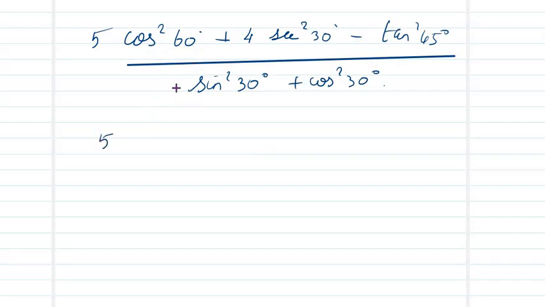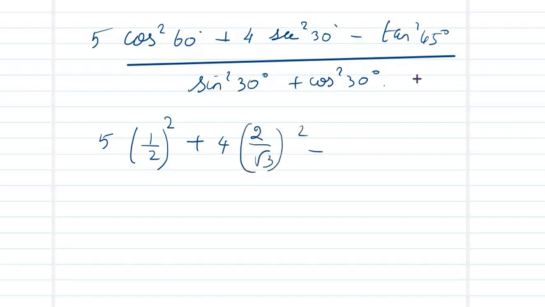5 cos 60. So cos 60 value you can take from the table as half, and since we have got square, we just have to do the square, plus 4. Now secant 30 means it's the reciprocal of cos 30. So cos 30 degrees is root 3 by 2, secant 30 degrees will be 2 by root 3. We take the square, minus tan square 45 is 1, divided by sin square 30 plus cos square 30 degrees.